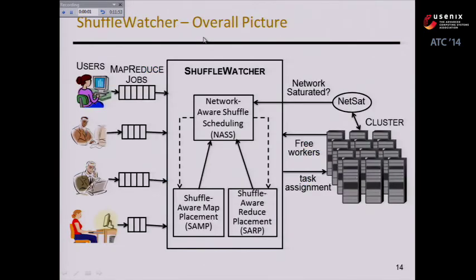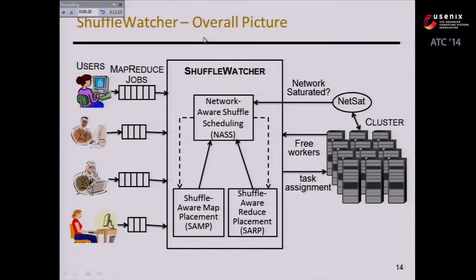So this is an overall picture of ShuffleWatcher, where we combine all the pieces together. ShuffleWatcher's main scheduler is NAS. NAS coordinates with a NetSat daemon, which sits there monitoring the network traffic. It monitors shuffle traffic, how data is moving for remote map, and how the output data write is being moved across the cluster.